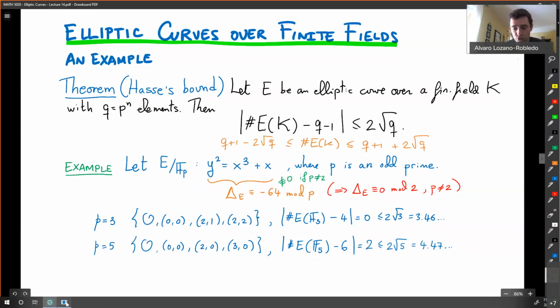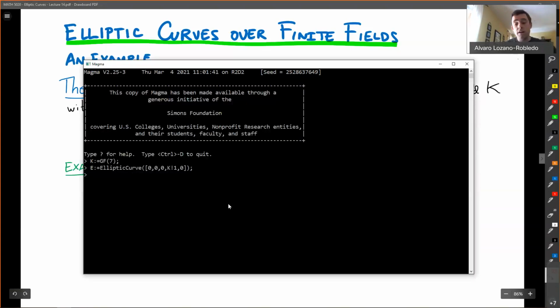I wanted to show you how I did this with Magma. If you define a field with 7 elements, so that is GF(7), and then define K to be that field, I can define an elliptic curve over K by putting in the coefficients. These are the Weierstrass coefficients, so this is A1, A2, A3, A4, and A6.